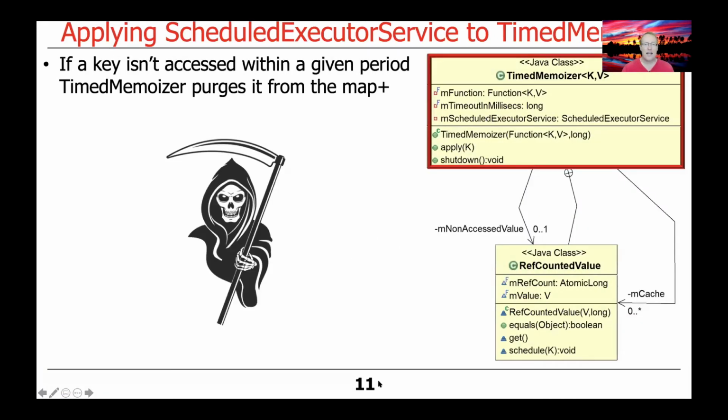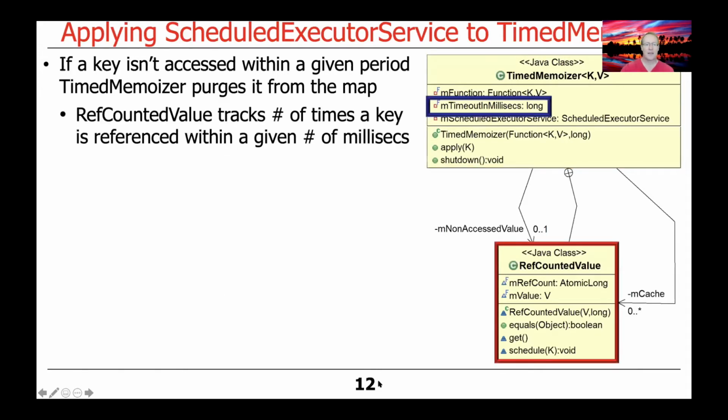So here's the basic concept behind the timed memoizer. If any given key in the map is not accessed within a designated time period, then the timed memoizer will automatically purge it from the map. And the way that this is going to work is we're going to have an internal implementation called a RefCountedValue.